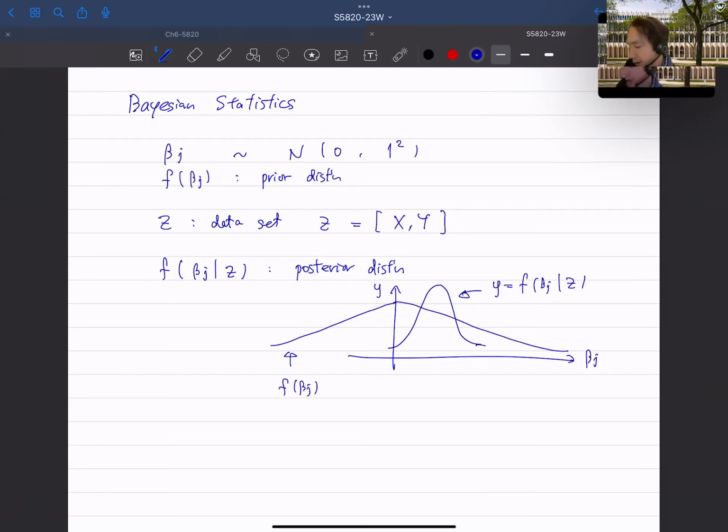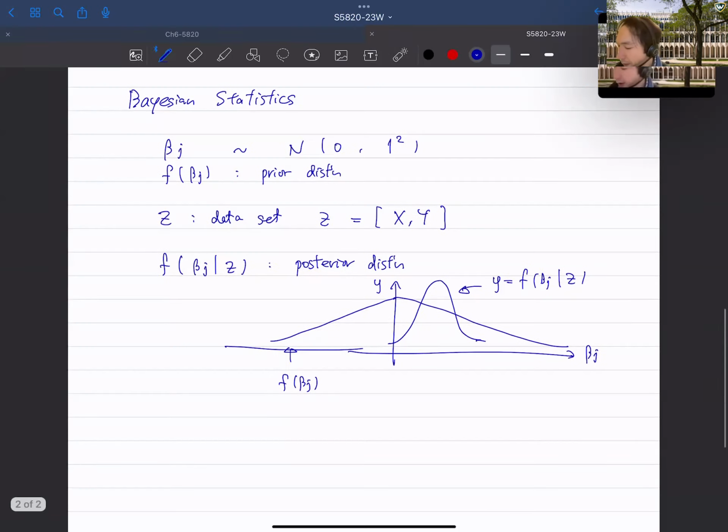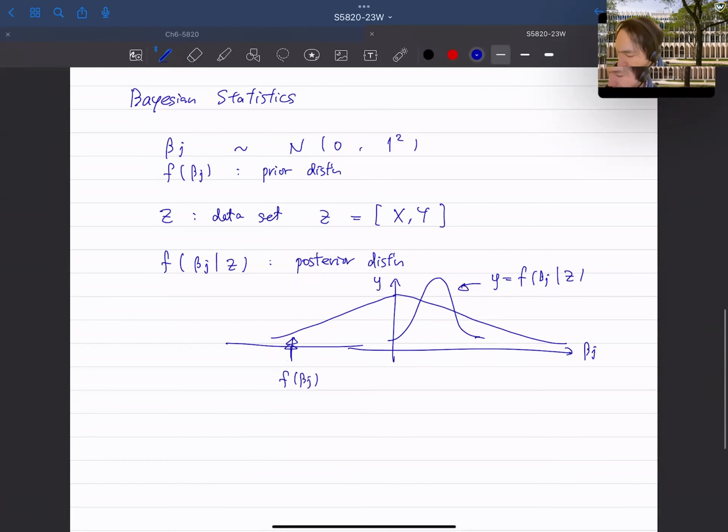In the Bayesian statistics scheme, we update this distribution by data. Originally, we believe that beta j follows this distribution, but given more specific information, we can narrow down the parameter value. So that is another scheme of statistical estimation.